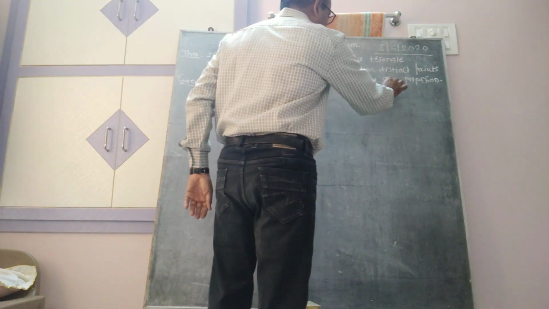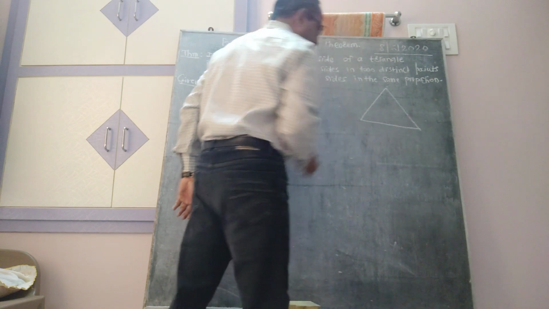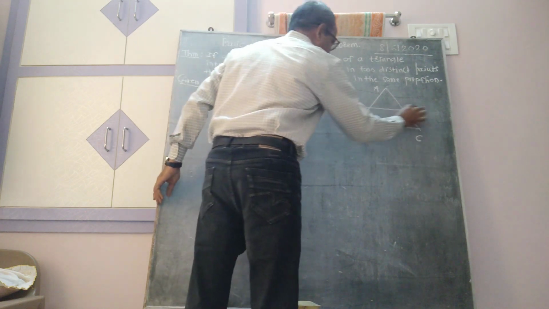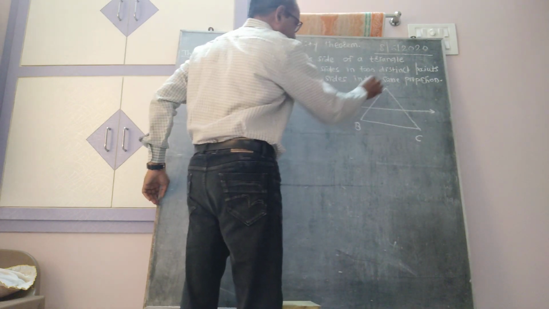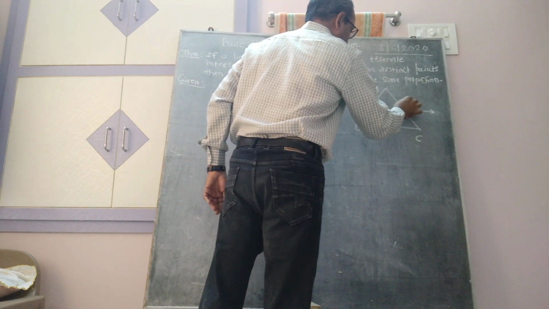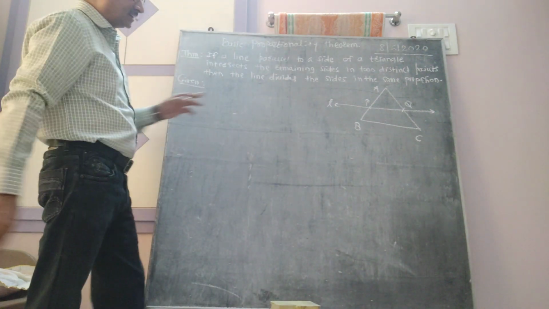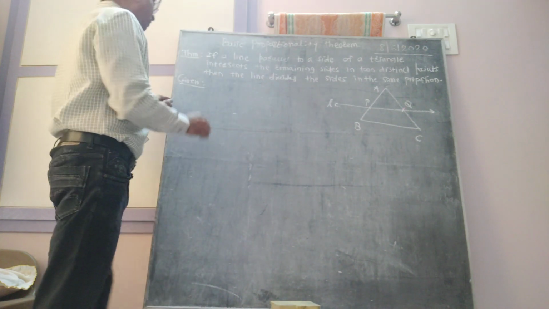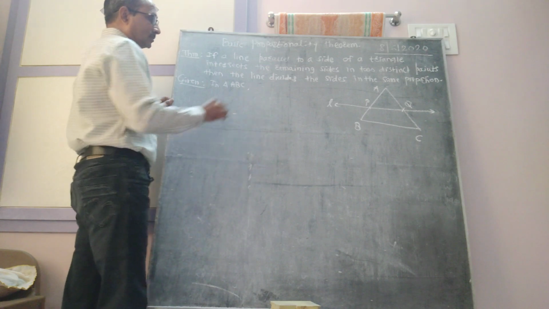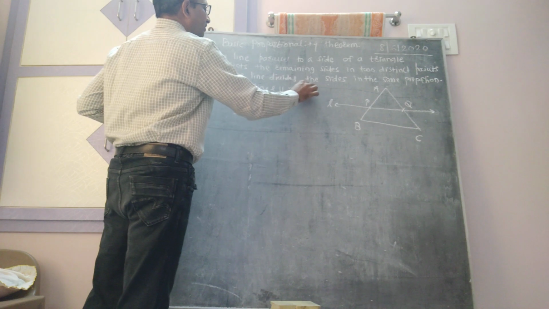If you draw the figure of the triangle, suppose ABC is a triangle, L is the line which intersects side AB in point P and side AC in point Q. Here, this line L is parallel to BC, meaning in triangle ABC, line L is parallel to side BC.